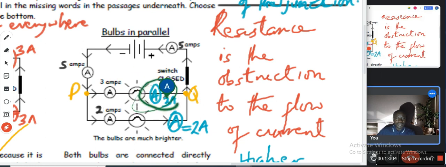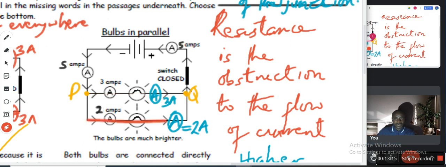No, not really. Everything on this path is treated as the same thing. 3 is the same current. Also, everything on this path is treated as the same current. 2. So 3, so this one here, 2, all add up to give 5.